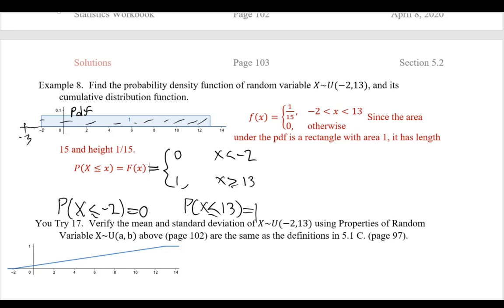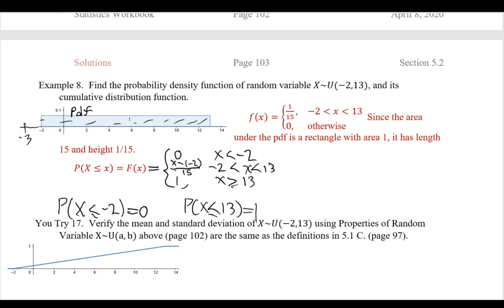And from -2 all the way up to 13, the CDF will gently rise. There's not going to be any large increase. So we'll have x minus -2, all over 15, which will allow this to gradually rise.